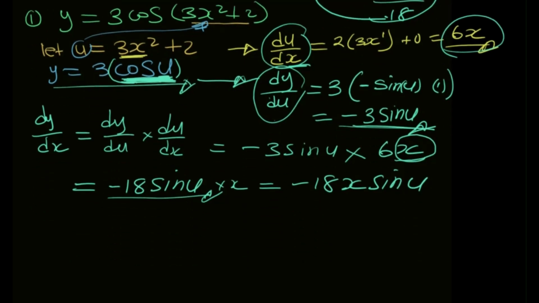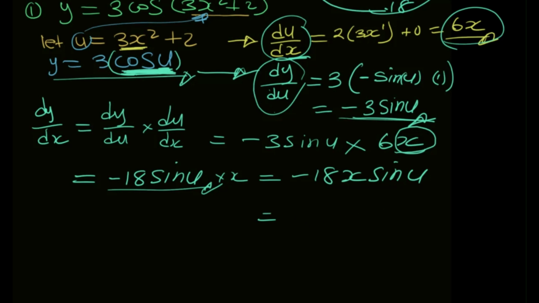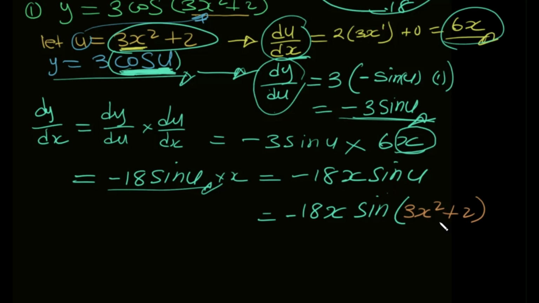We know what u is, so let's bring back the value of u: minus 18x sine of (3x squared plus 2). And that is the final answer for dy/dx.